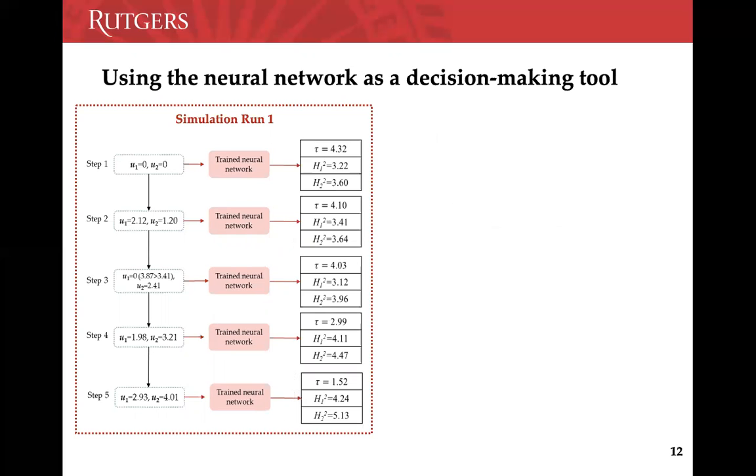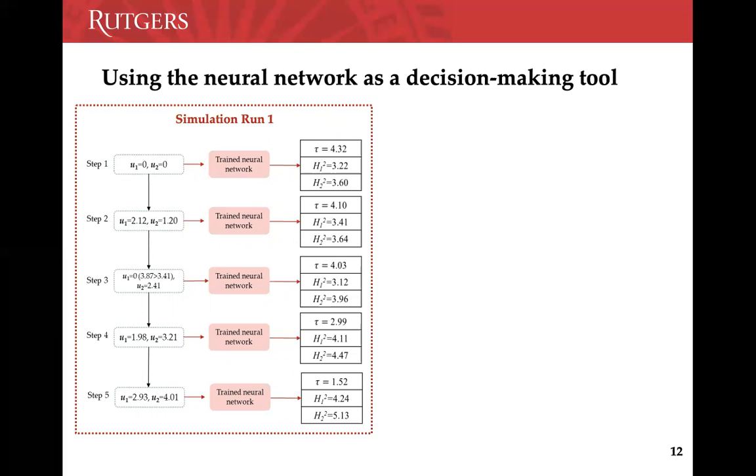And then after this amount of time, again, we need to measure the degradation of the components. If this degradation is not above the maintenance threshold from the previous step, we don't need to do anything. We just feed it into the trained neural network and then find the maintenance decisions.